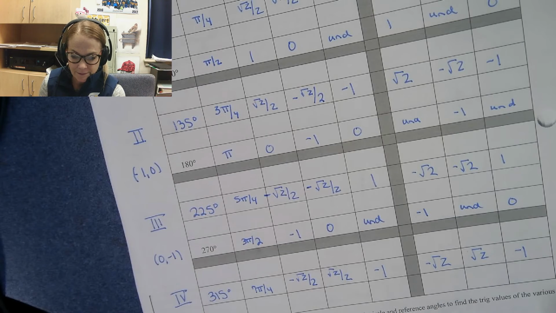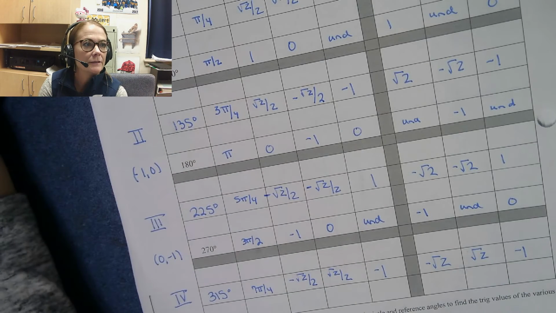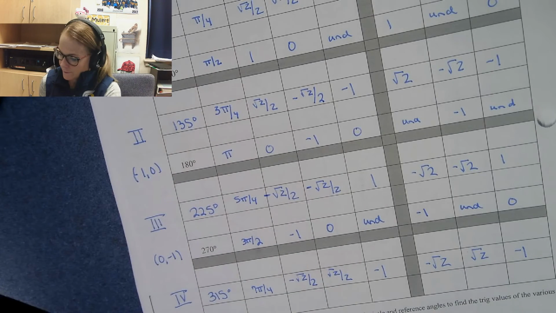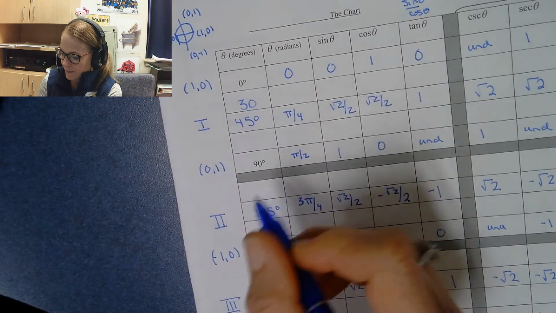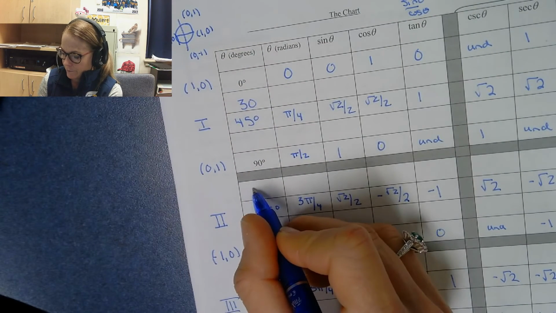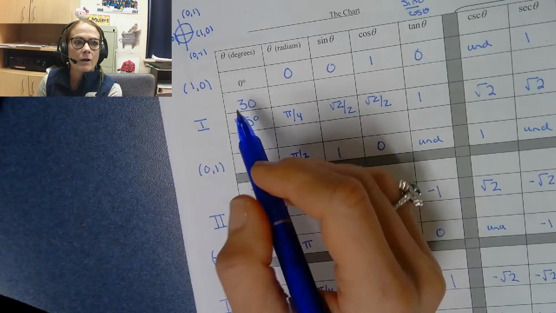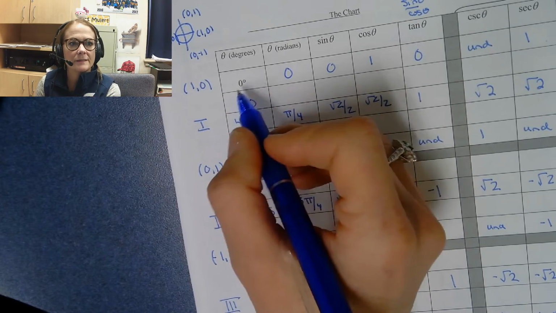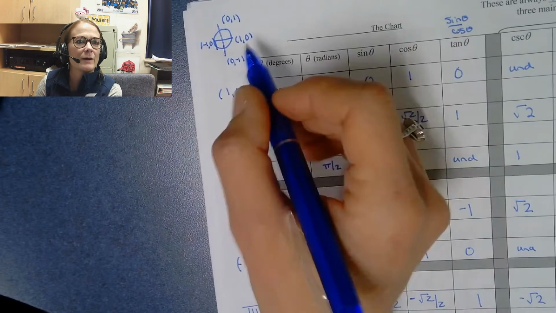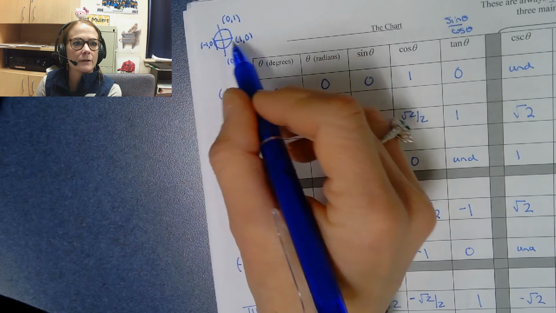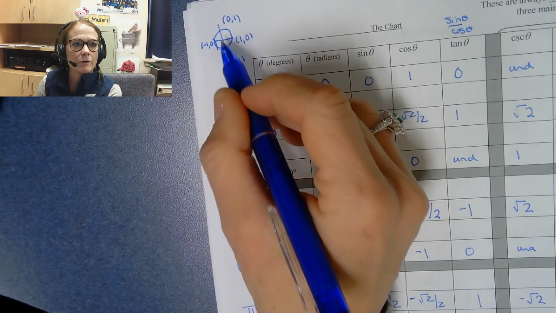Let's move into the 30-degree angles. Be careful here. You want to go 30 degrees away from the reference axis. The reference axis is the horizontal axis: 0 degrees, 180 degrees, 360. We do not refer to the vertical axis.